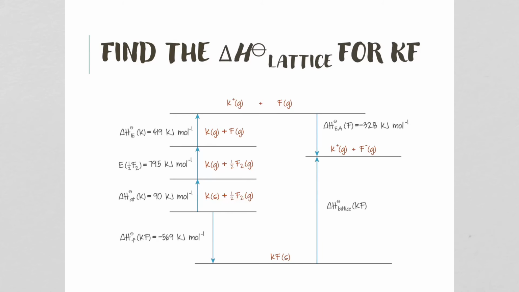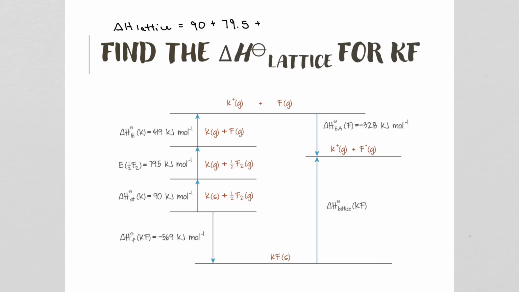So I'm just going to solve it at the top so that we can keep referring to our numbers rather than flipping to a new solution slide. So our delta H lattice is going to be equal to the delta H of atomization, so plus 90 plus 79.5. That value, if you were to look it up, would be twice that value, so you'd need to know to split it.